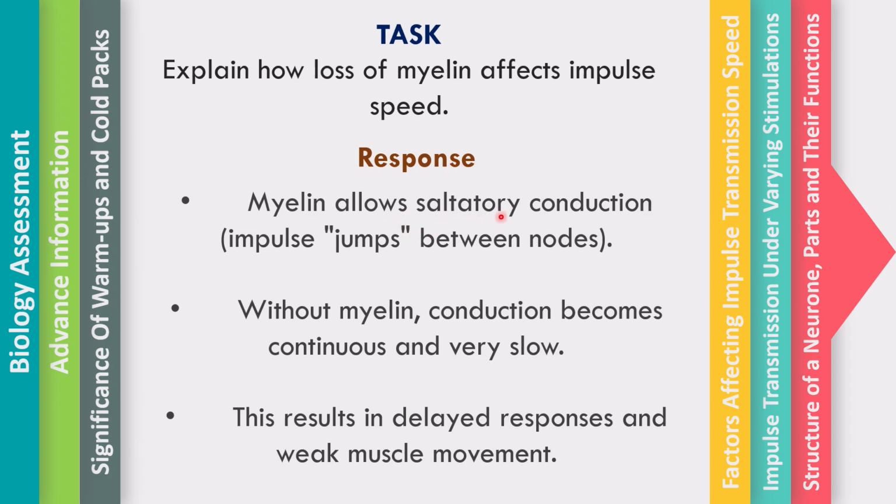Myelin allows saltatory conduction. The impulse jumps between nodes. Without myelin, conduction becomes continuous and very slow. This results in delayed responses and weak muscle movement.